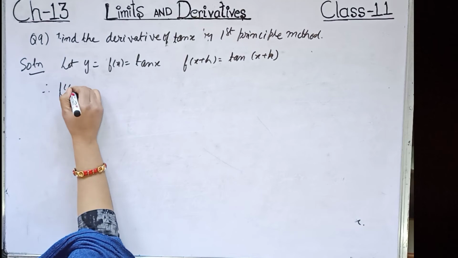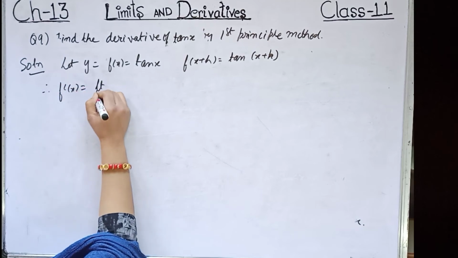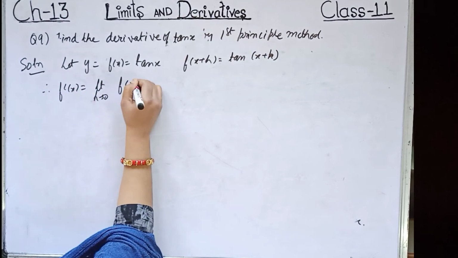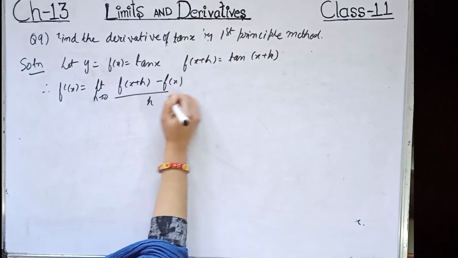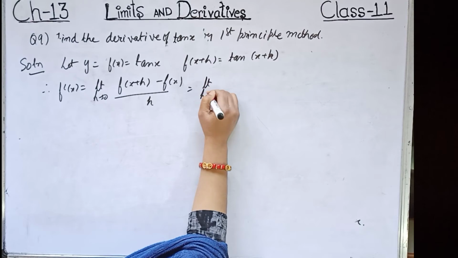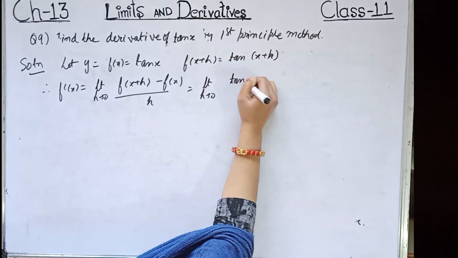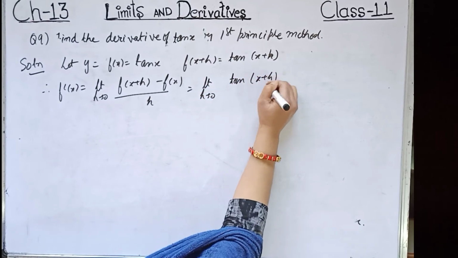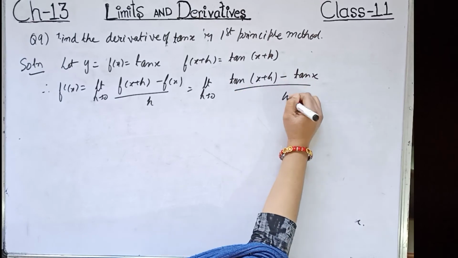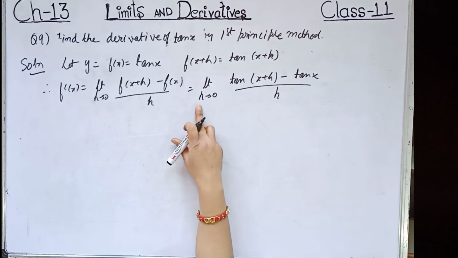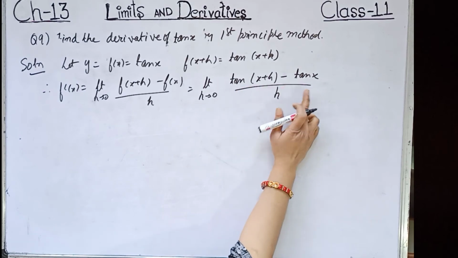Therefore f dash x equals limit h tending to 0 of f of x plus h minus f of x divided by h, which equals limit h tending to 0 of tan of x plus h minus tan x divided by h.